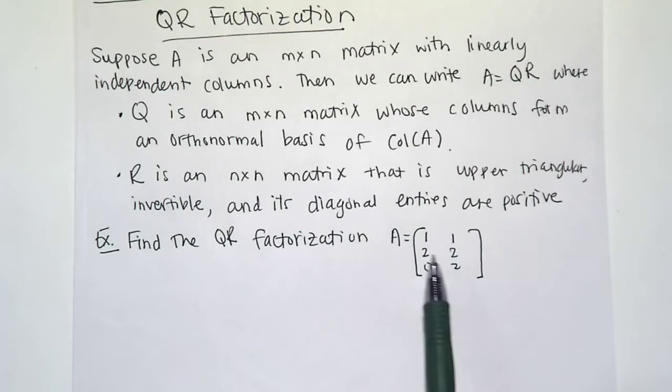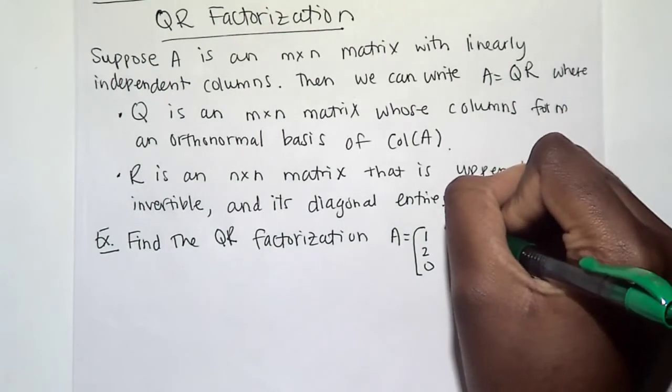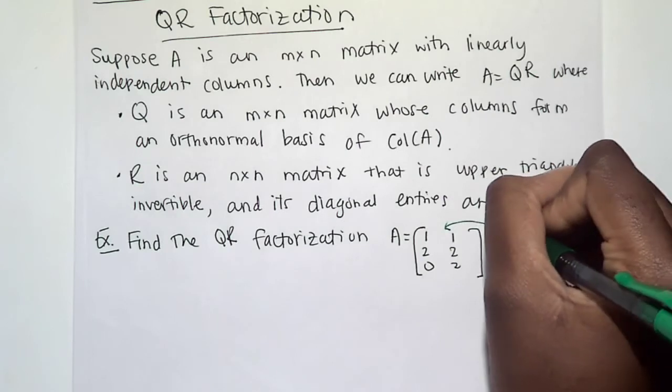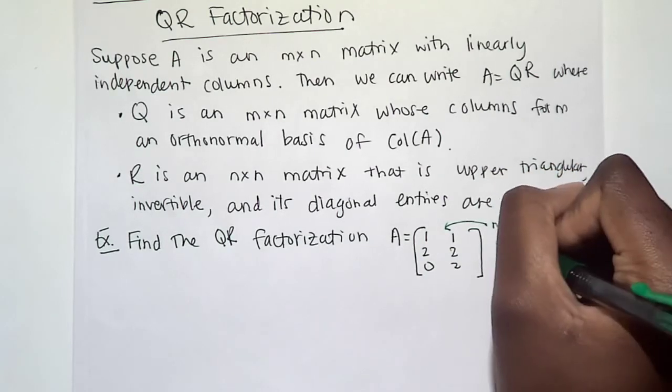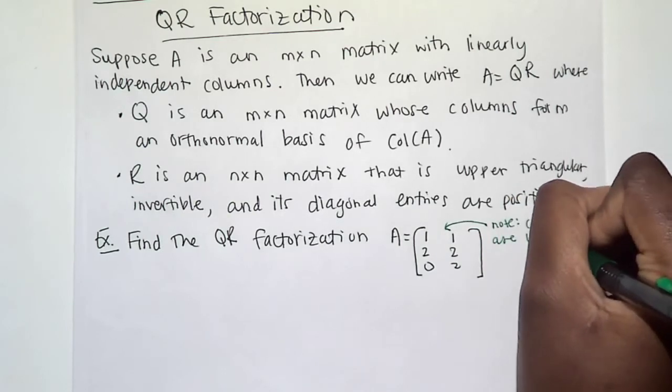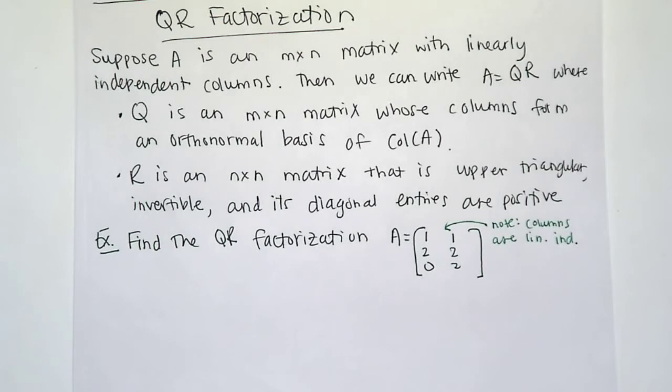Note these columns are from a previous problem we've done, but also note the columns are linearly independent, which we need for QR factorization.